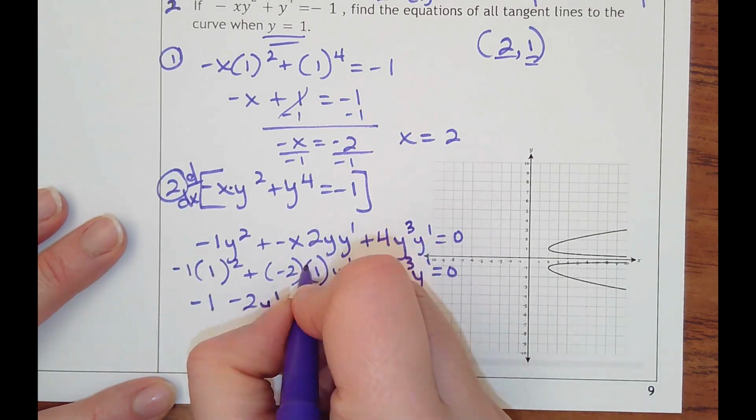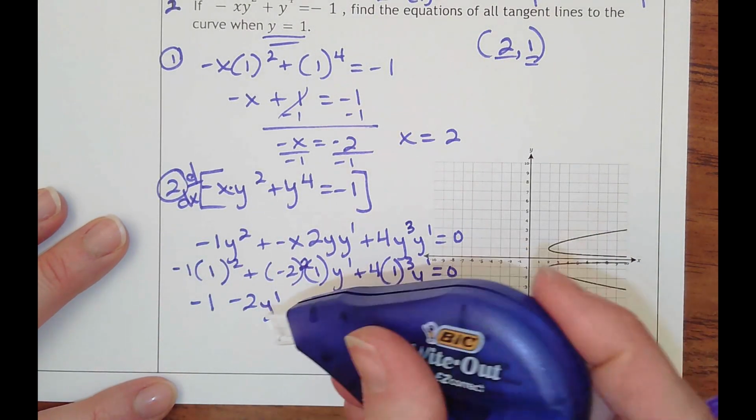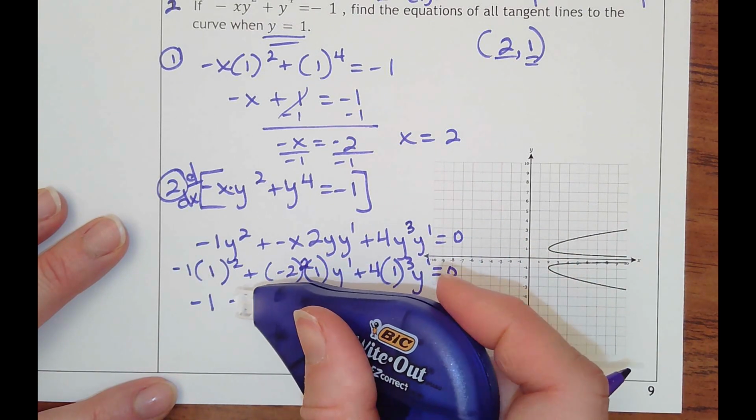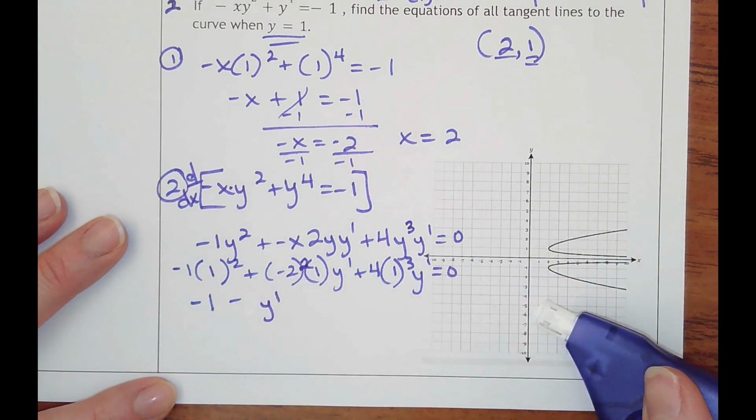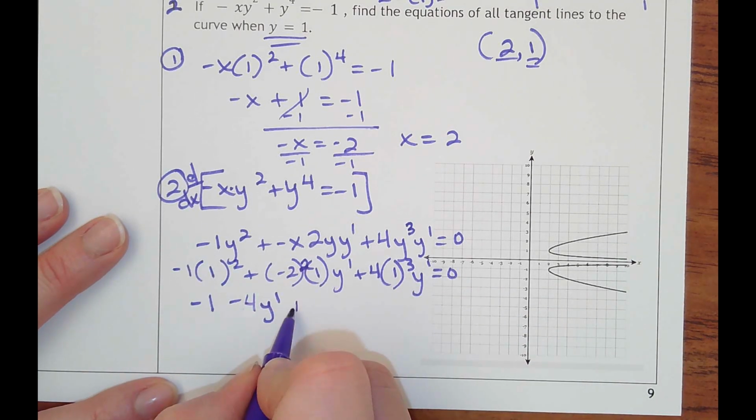Oh, I forgot the 2. Sorry. So that is a -2 times 2 times 1. So that would actually be -4 y prime, and then 1 cubed 1 times 4 is +4 y prime equals 0.